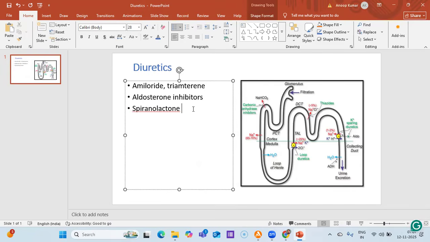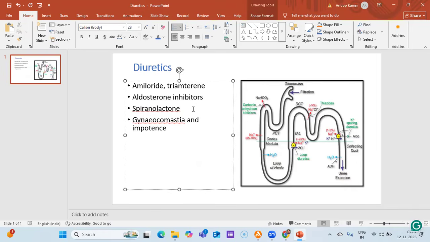spironolactone, right? But the problem with spironolactone is that it could result in gynecomastia, and it could also result in impotence in some individuals if you use it for a longer period of time, and it could result in hyperkalemia instead of hypokalemia, right?